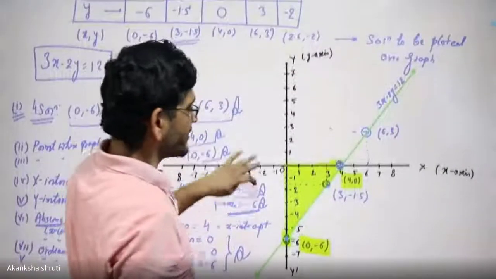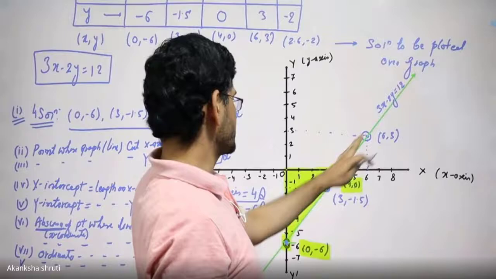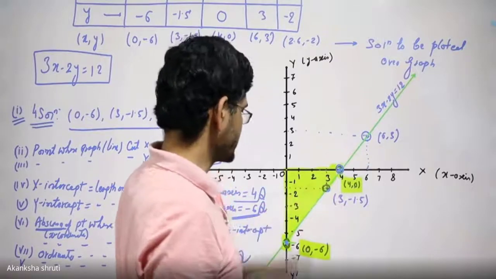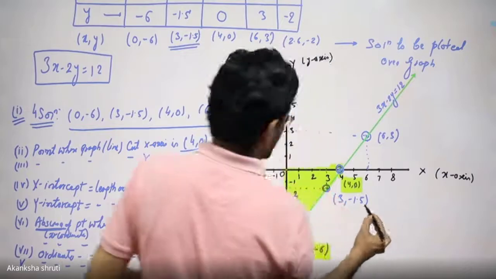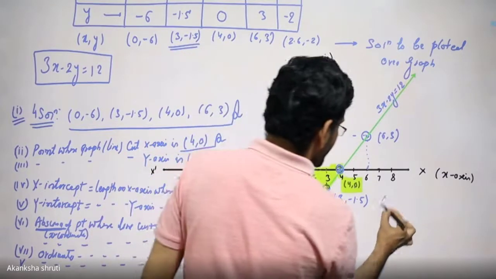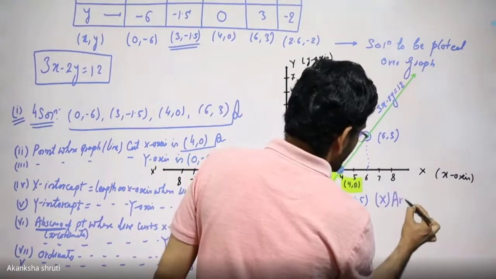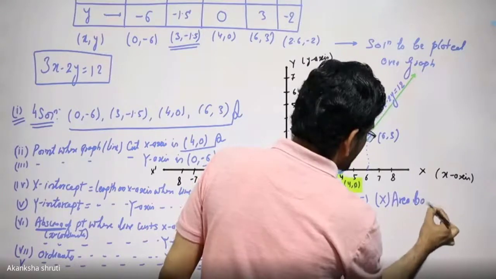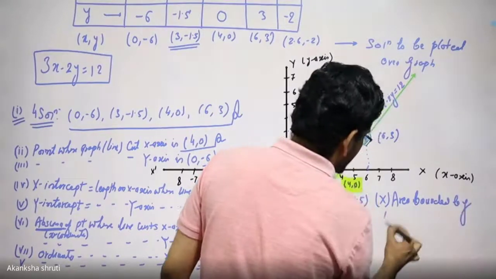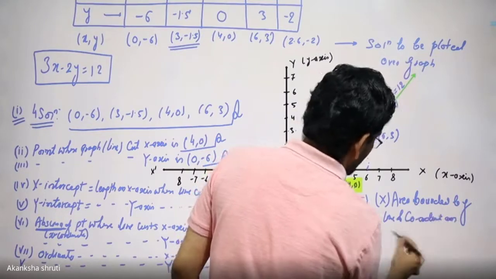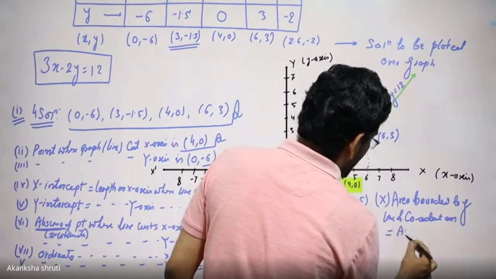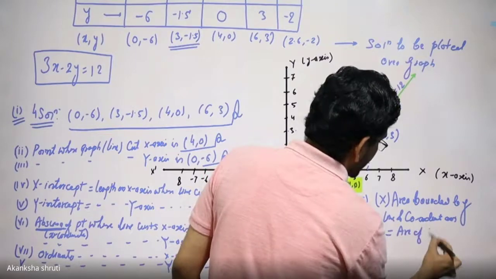A question may be asked, what is the shape bounded by this line and the coordinate axes? It is a triangle. So we can write, area bounded by the line and coordinate axes is equal to the area of the triangle.